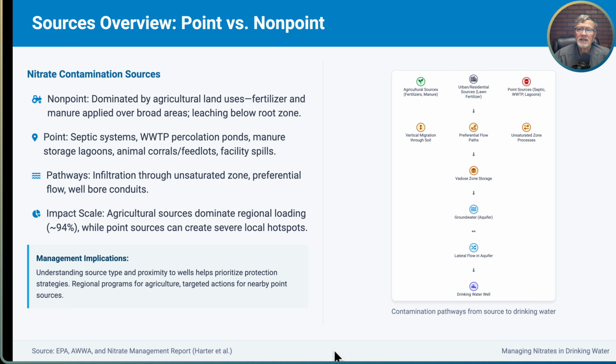Wellbore conduits, depending on your pumping situation, can also allow some migration.